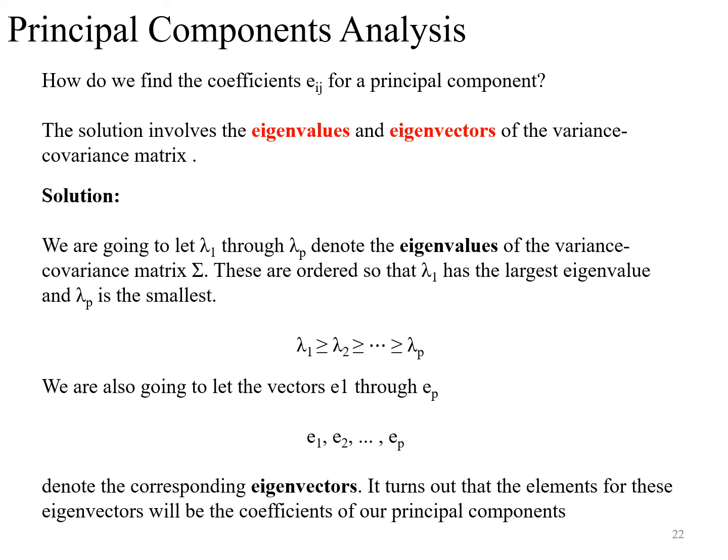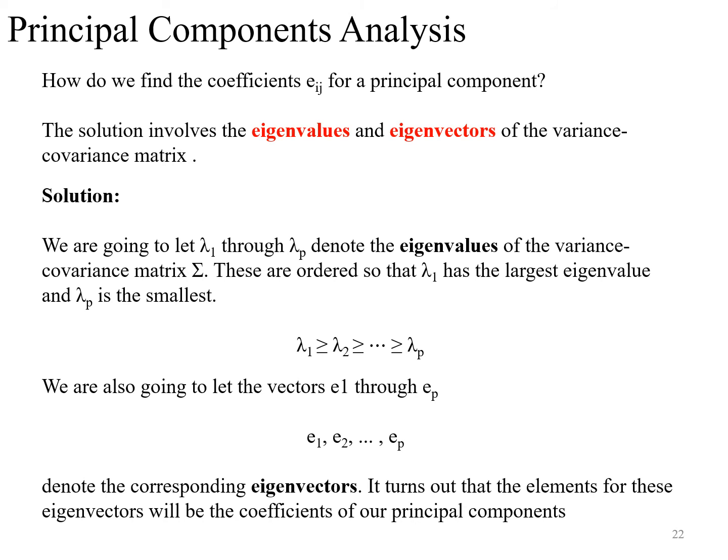And these are going to be the variances of our principal components. Okay, so for principal component 1 through principal component P, we're going to have a variance associated with each one, and the eigenvalues that come out of the eigenanalysis are going to be equal to those variances.